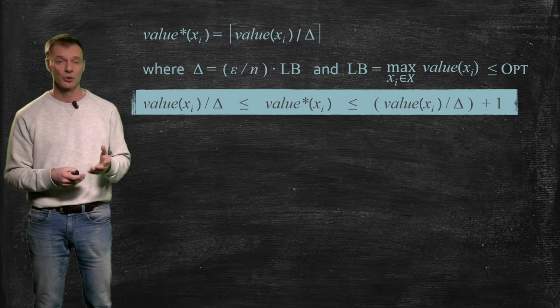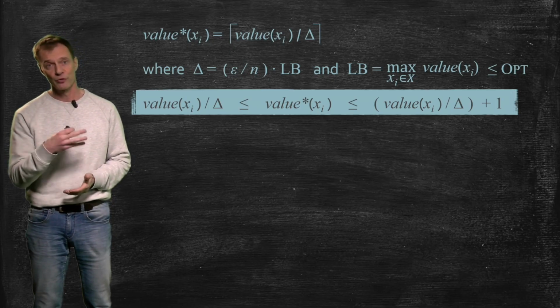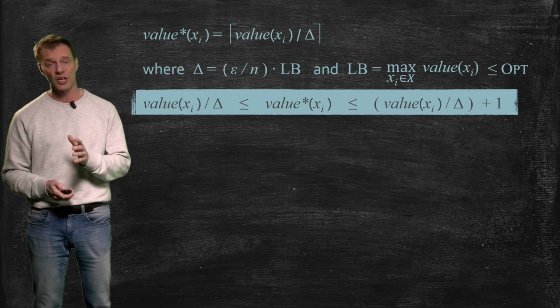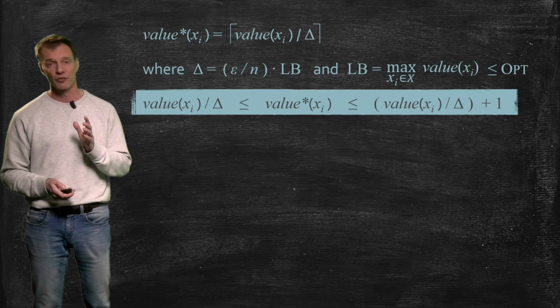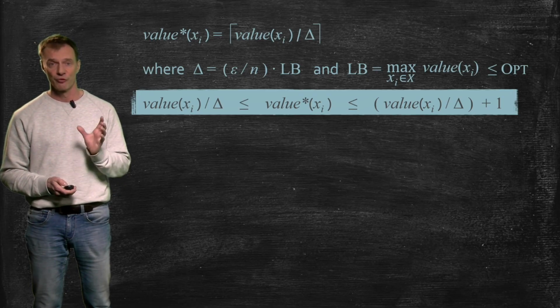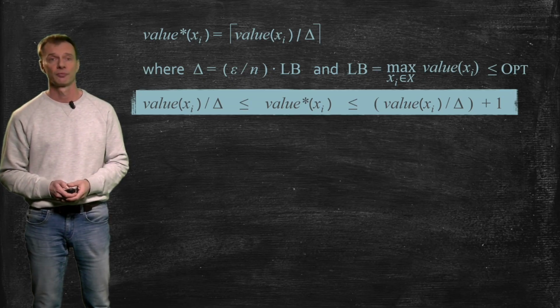By rounding up, you only get something bigger. But also if you round up, of course, the value increases by at most 1. So the second inequality is that value star of any of our xi's is at most value of xi divided by delta plus 1. These two inequalities will be quite important in the proof that we're going to give.